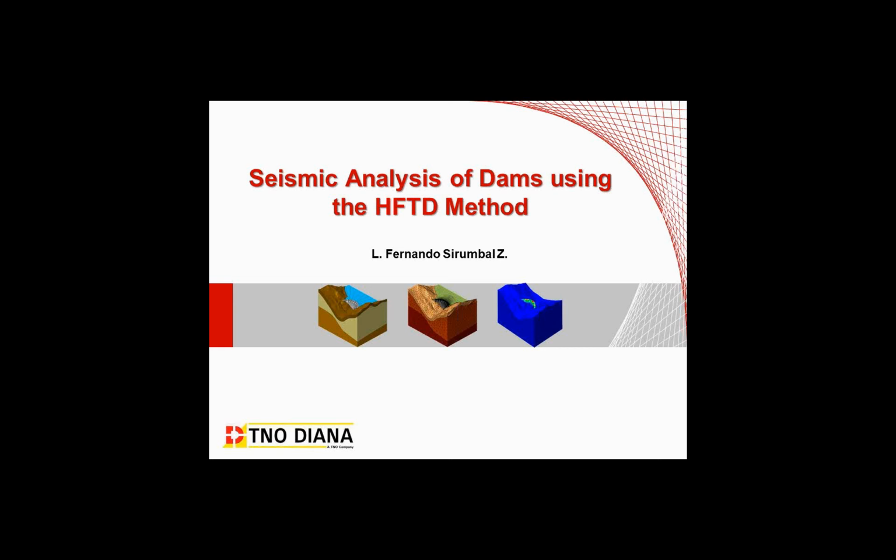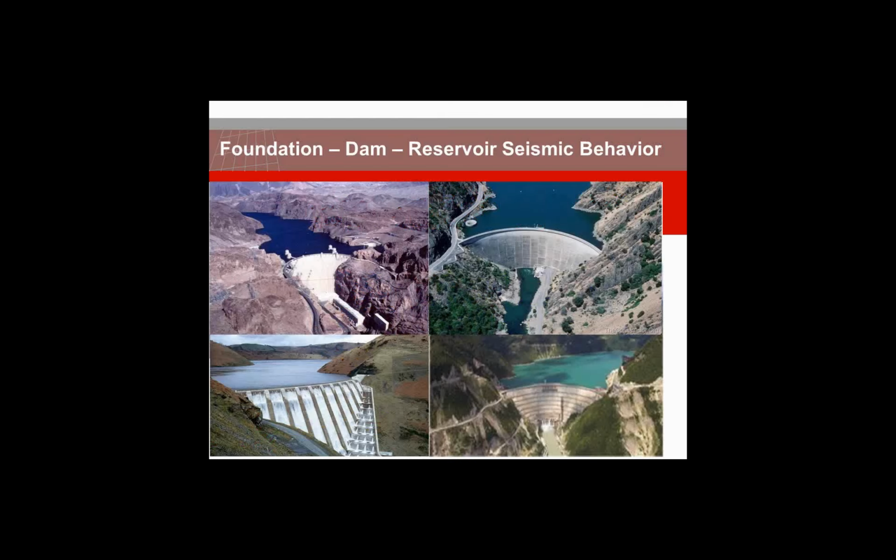The first thing I would like to show you is this picture of 4 different real dams, where we can find the 3 main components of this kind of system.